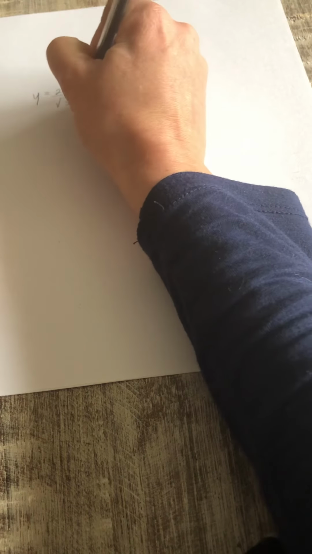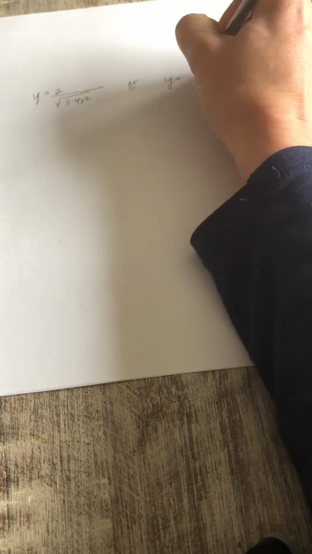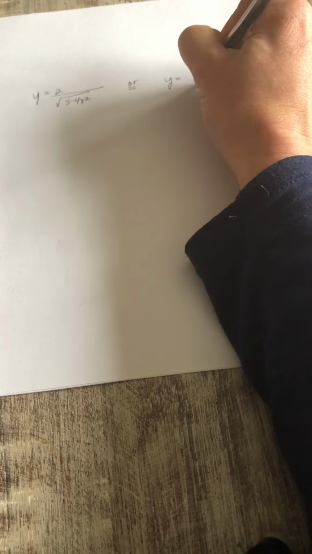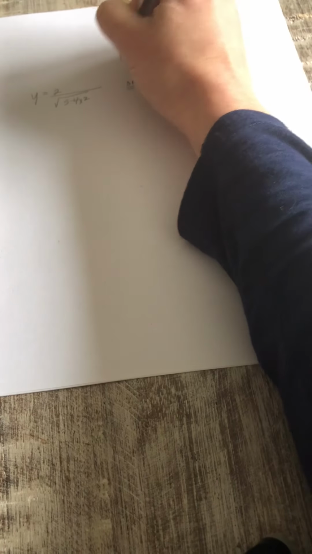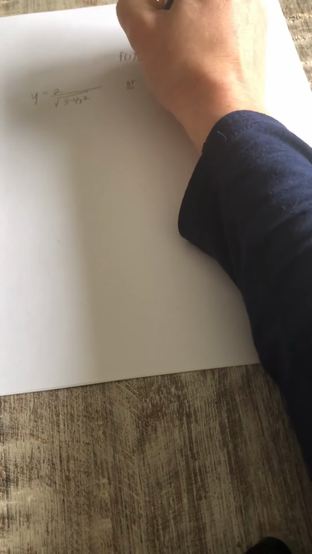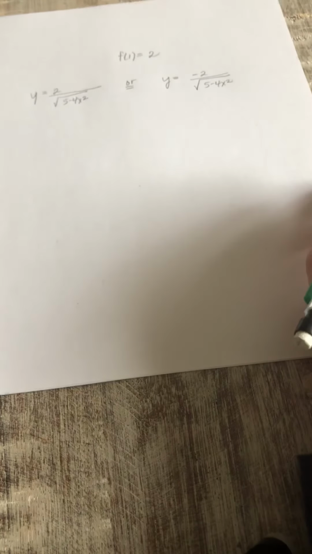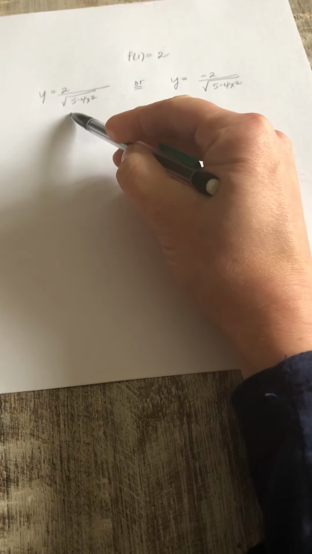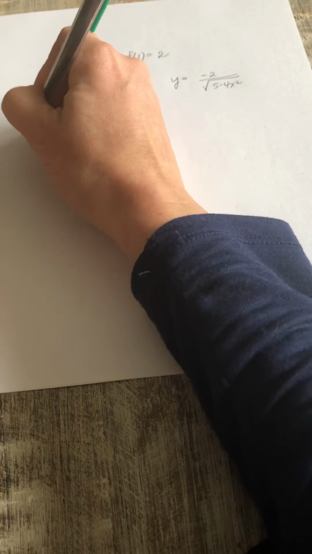We have this one, or we have this one. Now our initial condition was f of 1 equals 2. So my prediction is this is going to be the keeper, but let's just verify.